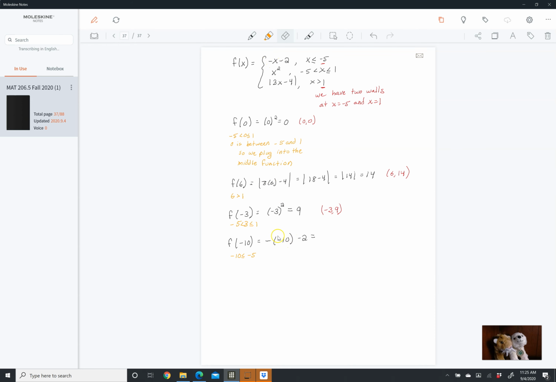Your x is a negative number. If you take the negative of a negative number, it becomes positive. So you get 8 here. So be careful with that. This is where people get confused. So our x value is -10 and our y value is 8.